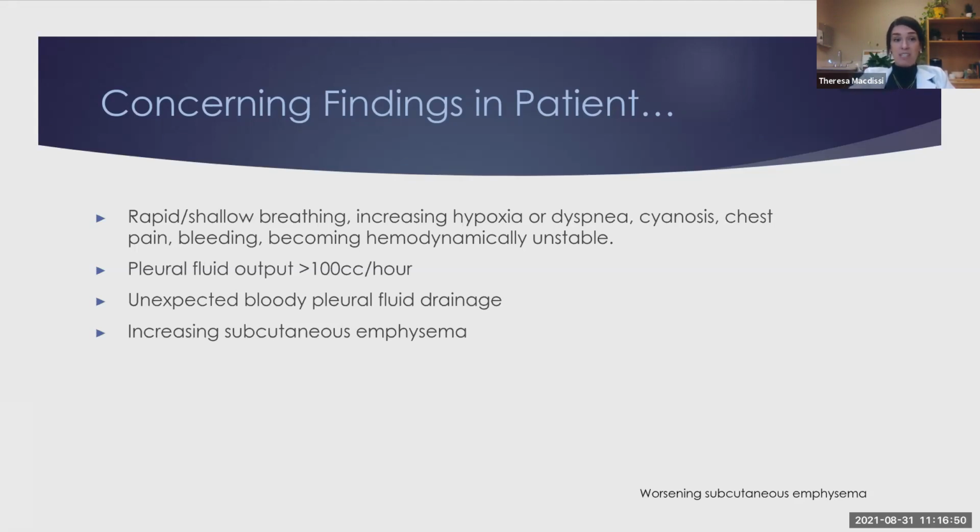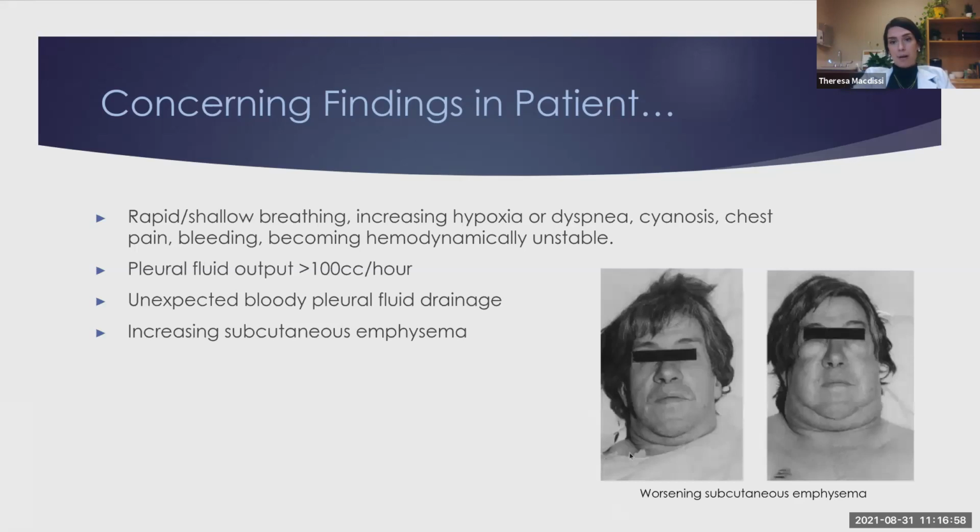Another thing is if you see a lot of increasing subcutaneous emphysema. So say you've got this gentleman here on your left, and you drop off his food tray in the morning for breakfast. He looks good. You come back 2 hours later to get his tray, and he looks like he gained 50 pounds. Well, he didn't gain 50 pounds from eating breakfast. That's a lot of subcutaneous air that's developing. So that's air that's getting trapped under the skin.